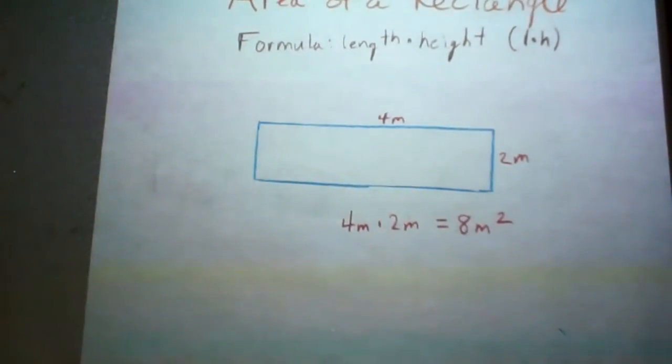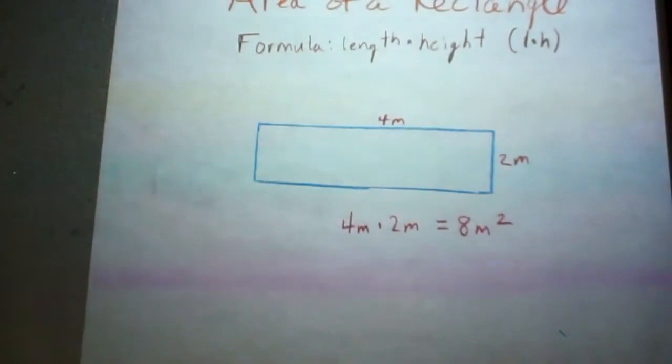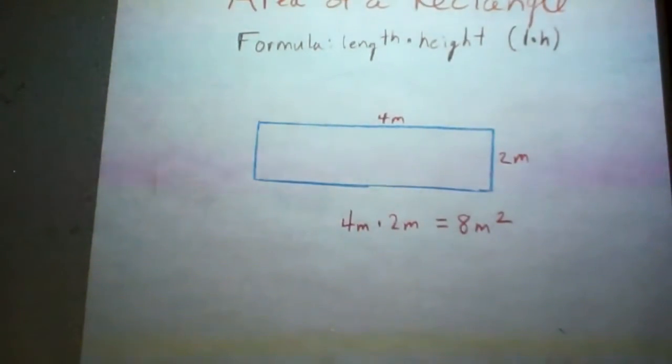And we would take those two measures of 4 meters and 2 meters, multiply them together, and get 8 meters squared. Now, we are dealing with 2 dimensions here, so that's why the meters become squared, and we now have the area of what is inside the boundary of the rectangle.